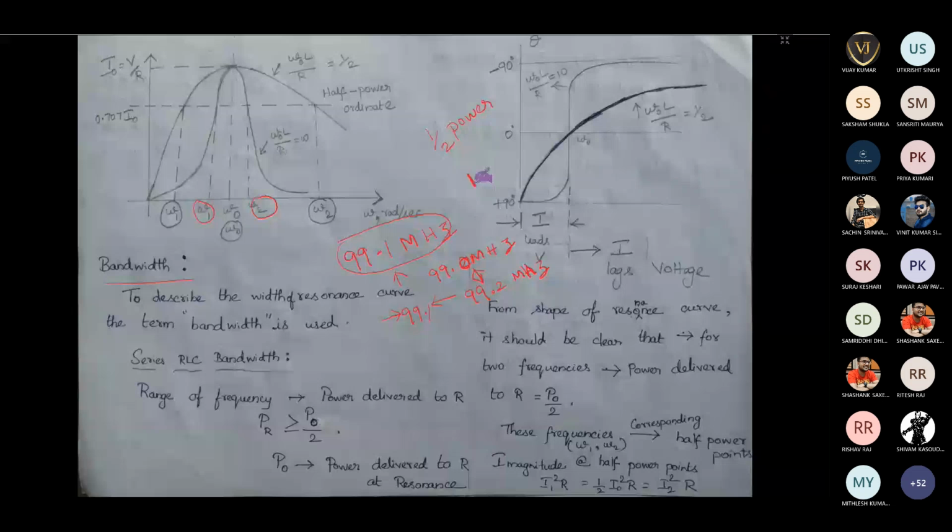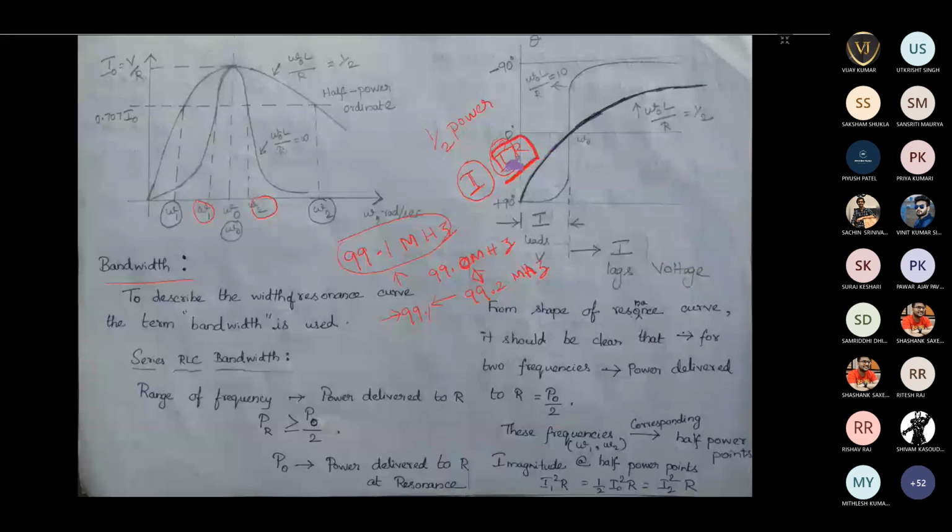If at the resonant condition you are getting the maximum current, then only at that time will you get the maximum power dissipated, because the power dissipation is given by I squared R.